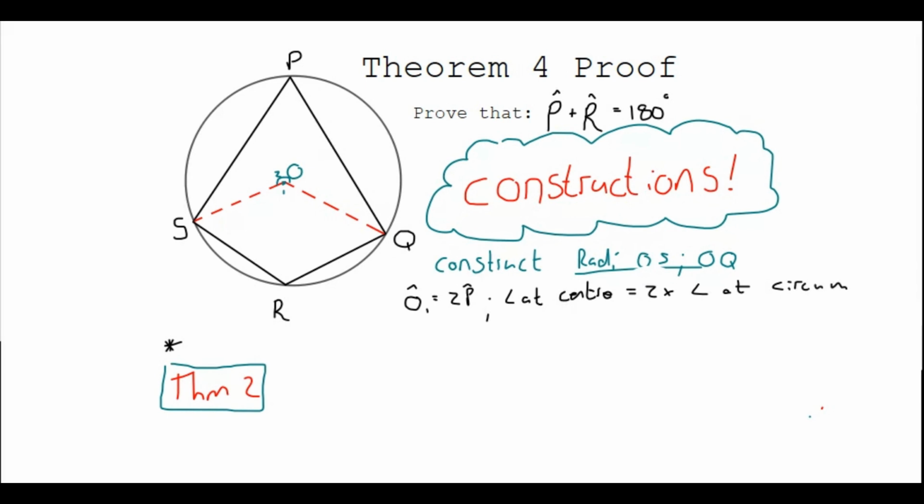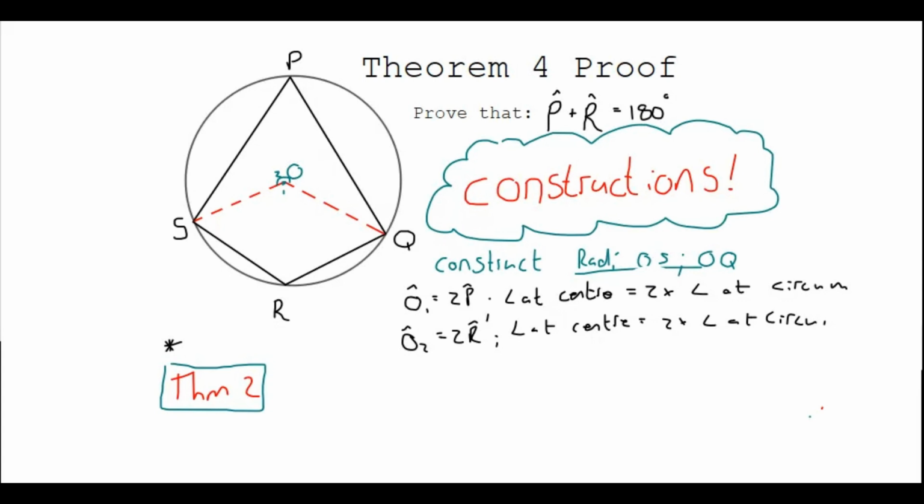What else can we say? We can also classify O2 as 2 times angle R, same reason: angle at center equals 2 times angle at circumference.